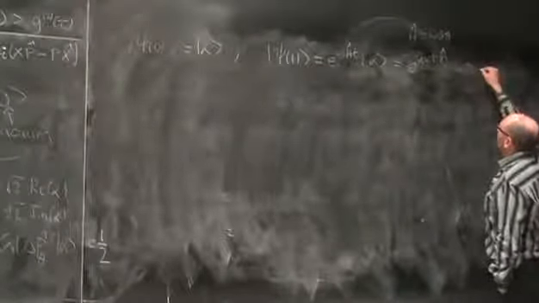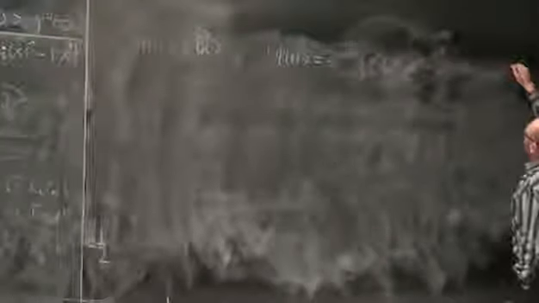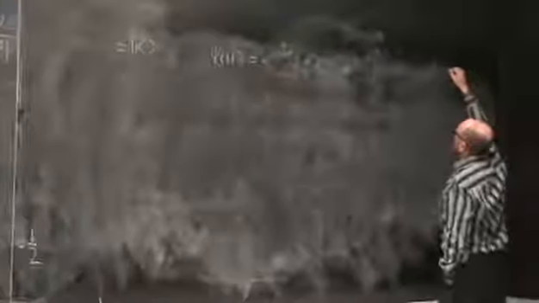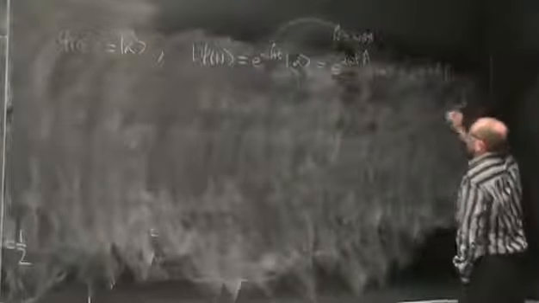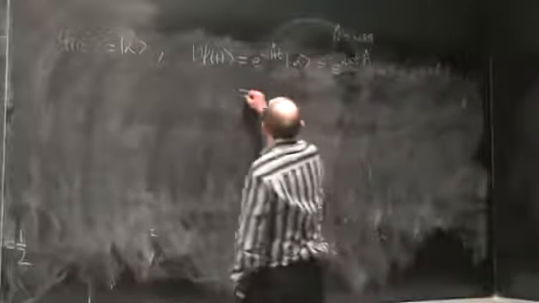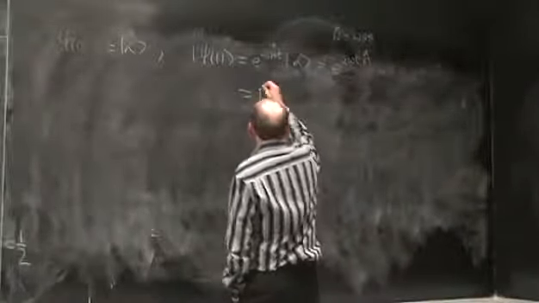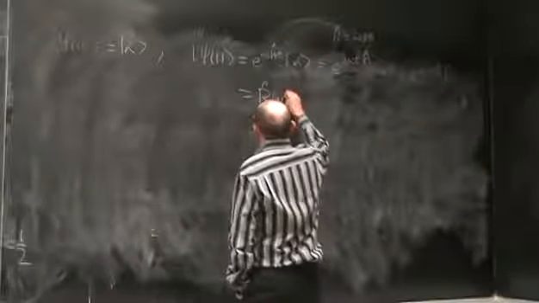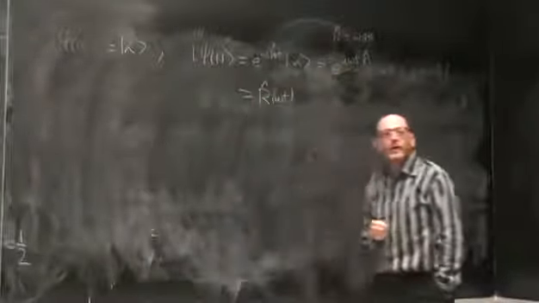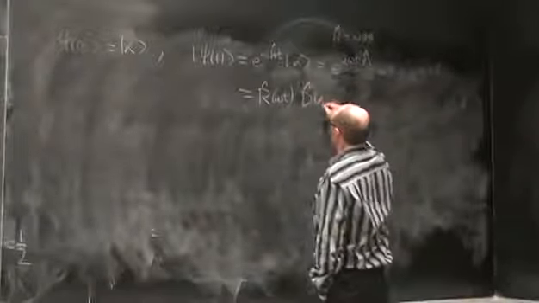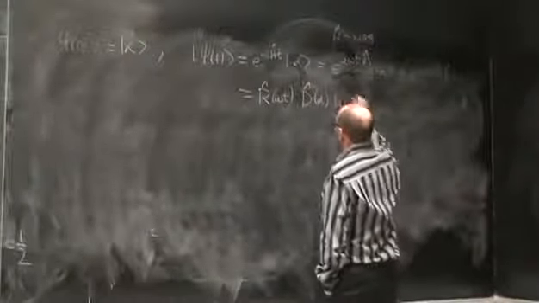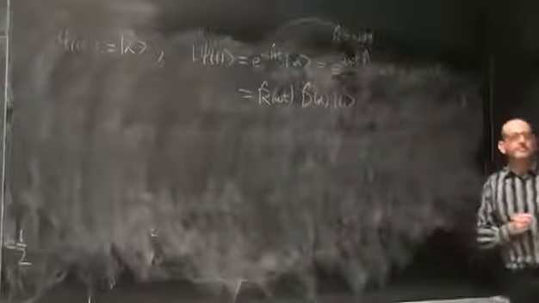Acting on this, which is e to the minus i omega t, and the displacement operator acting on the vacuum, which is equal to the rotation operator rotated by the angle omega t acting on the displacement operator acting on the vacuum. Okay?